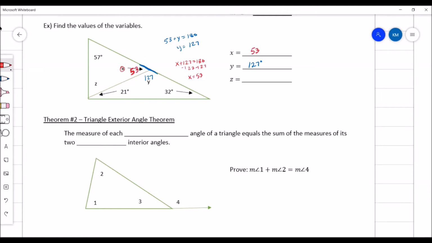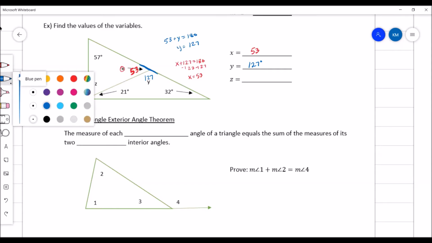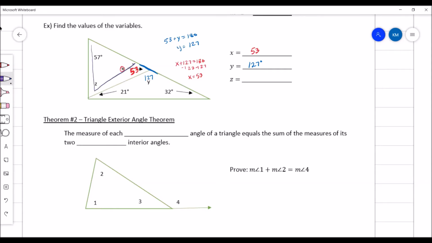List that here. And now as we look at this last triangle that we can see here, we see that this should add up to 180 as well. We have z over here, so 53 plus 57, that's 110.